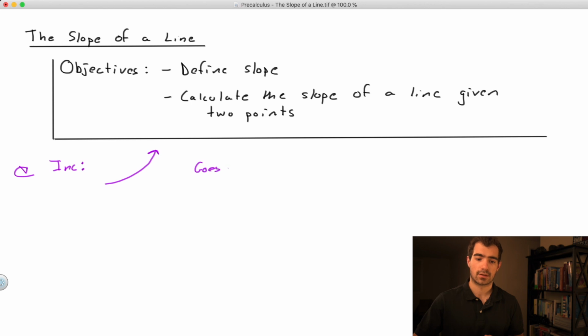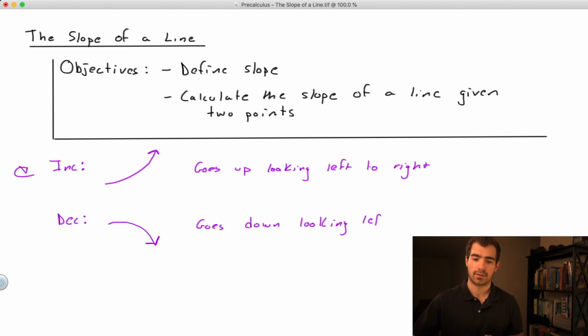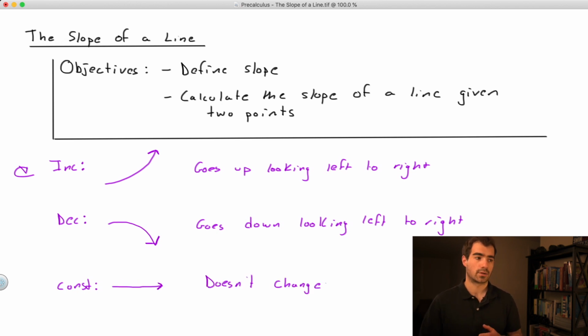A decreasing function is one that goes down, looking left to right. And a constant function is one that stays constant, that doesn't change. Or maybe say it stays flat.